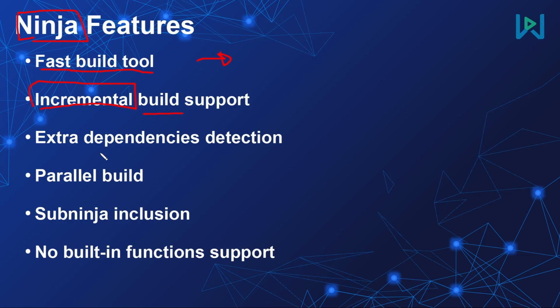However, what is different compared to Make is that Ninja has the option to detect extra dependencies. In fact, with Make, we'll need to go through the different files involved within the different Make rules, and then check the modifications that occurred on those files, one by one.